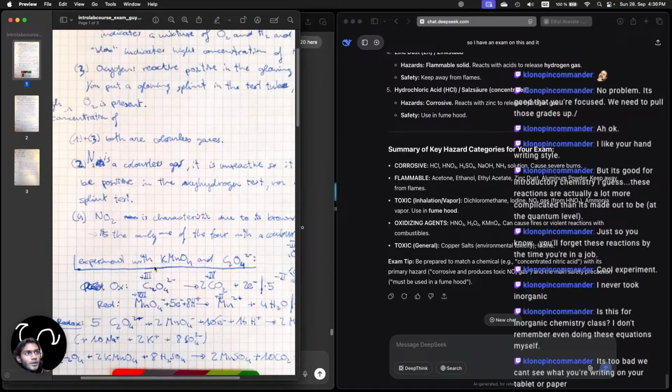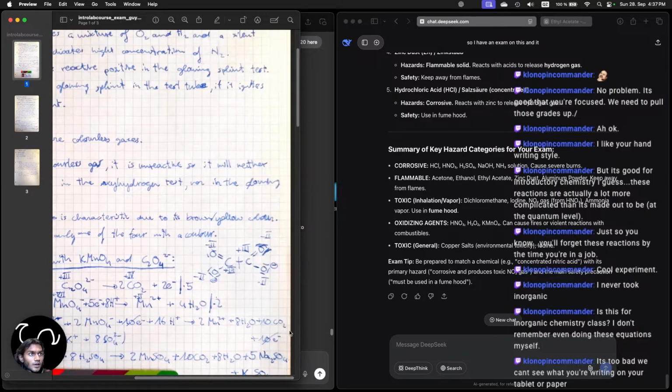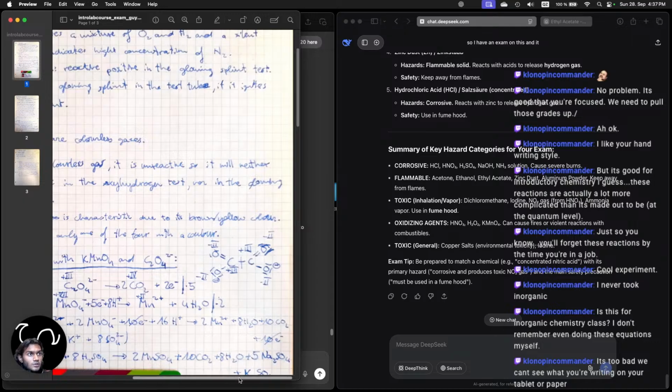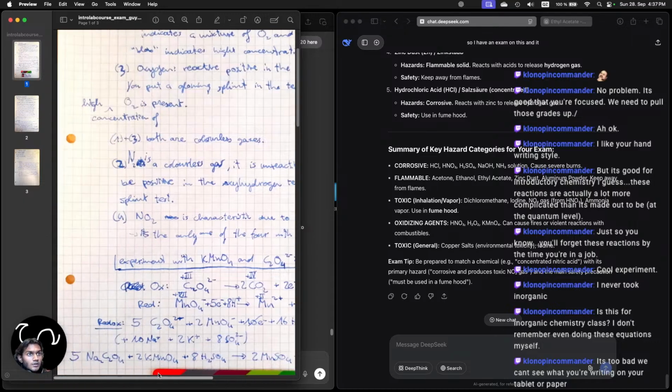Now, experiment with potassium permanganate and oxalate ion. What was that? Come on, Joe, think, what was it? This reaction is kind of different. 8H2O, 10CO2. Okay, that's correct. Why is it NaC2O4?